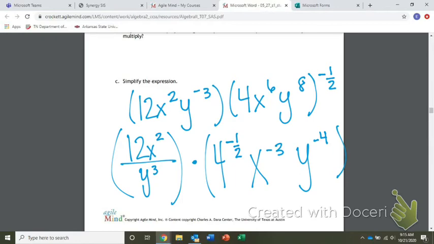So now, we need to change something. So, let's see. I'm going to erase this, and I'm going to rewrite it for us.